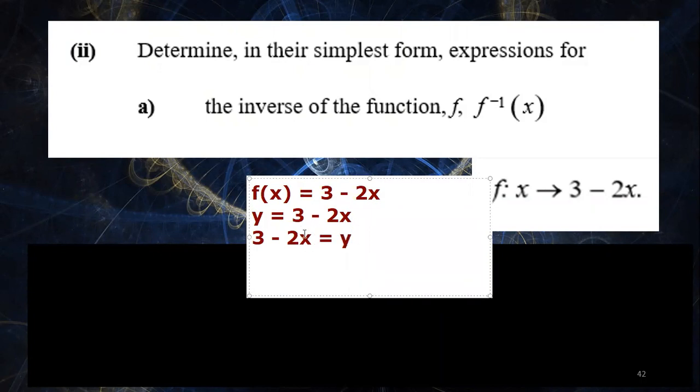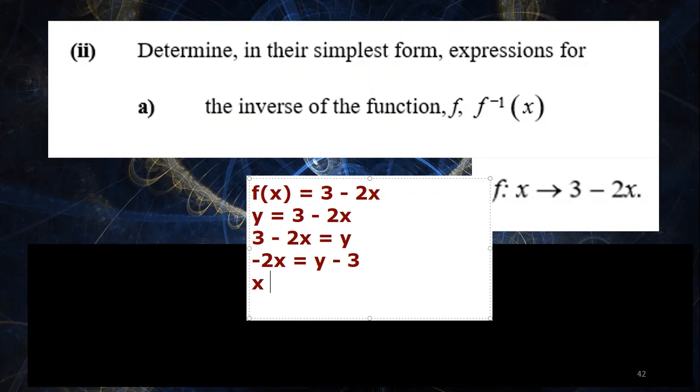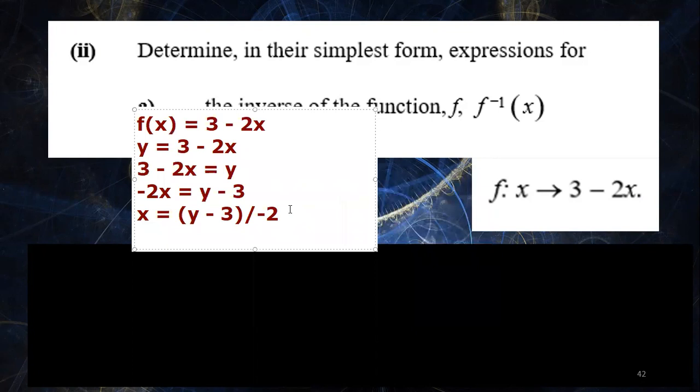Next, negative 2x is equal to y take away 3, and x is equal to y minus 3 over negative 2. So the inverse of the function is, or the last step, we interchange x and y.